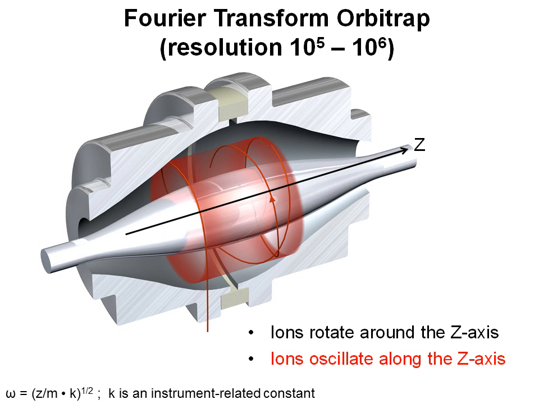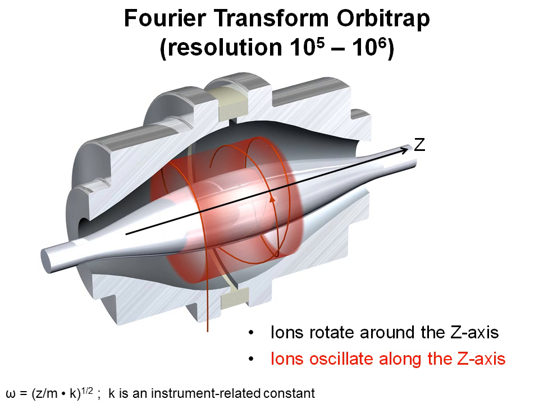How does it work? It's an ingenious invention actually. As you can see, ions are injected from the top around a bottle-shaped electrode along the z-axis. Ions are not injected right in the middle, but a little bit off-axis. Thus they experience an electric field that makes them oscillate along the z-axis.